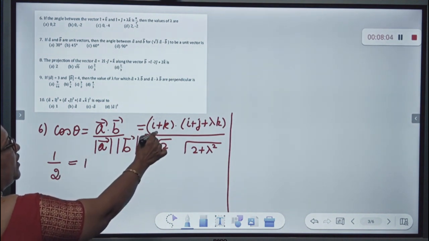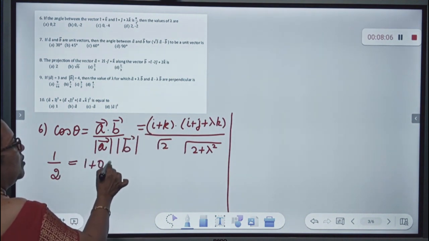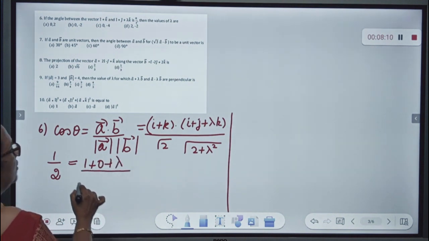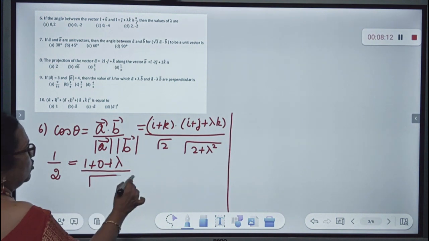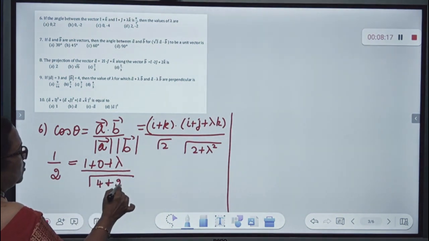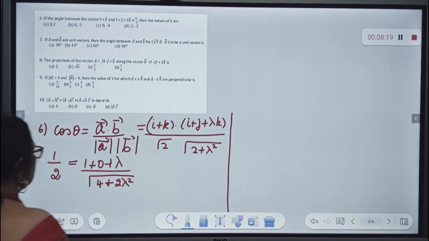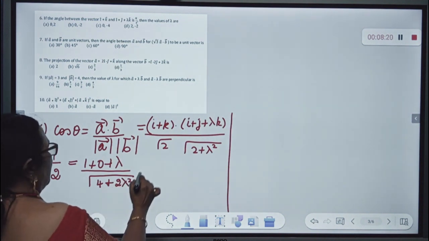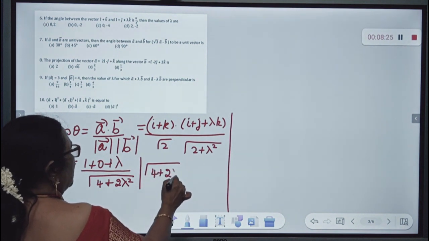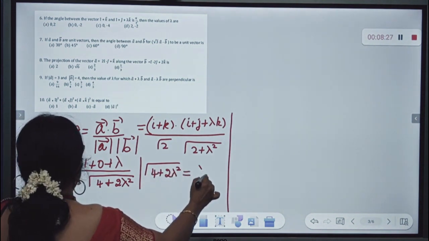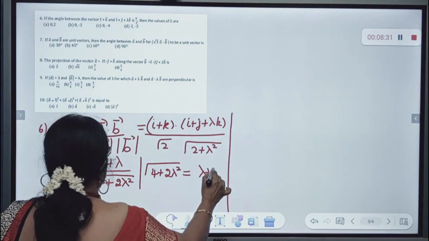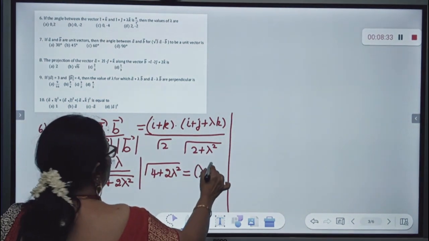Here there is no j component, so 0 plus lambda will be equal to, divided by root of 4 plus 2 lambda square. So cross multiplying, root of 4 plus 2 lambda square will be equal to lambda plus 1 times 2.